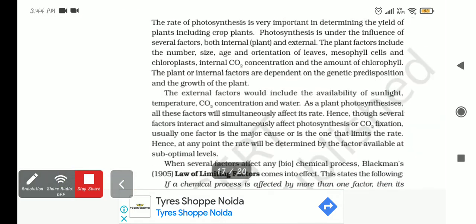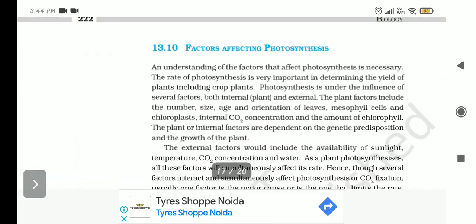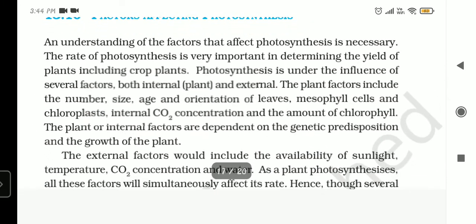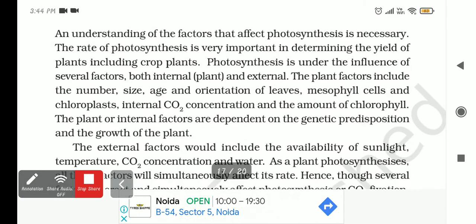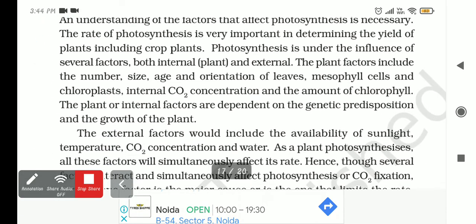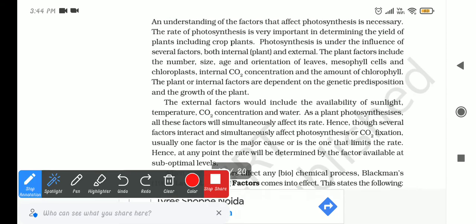Next, we are going to discuss the factors affecting photosynthesis. What are some factors which affect or decrease the rate of photosynthesis?